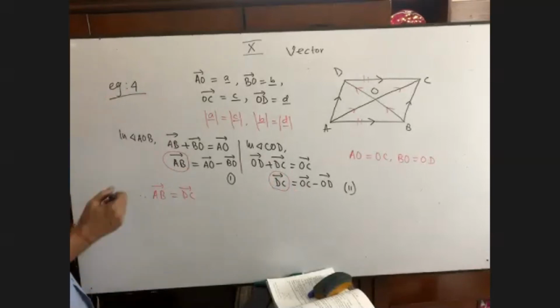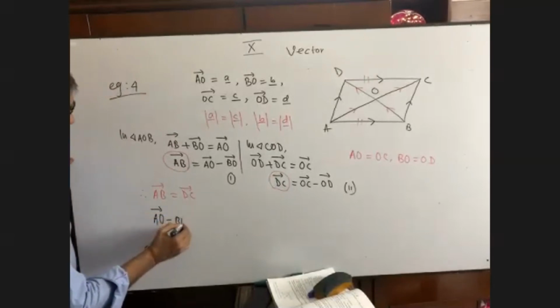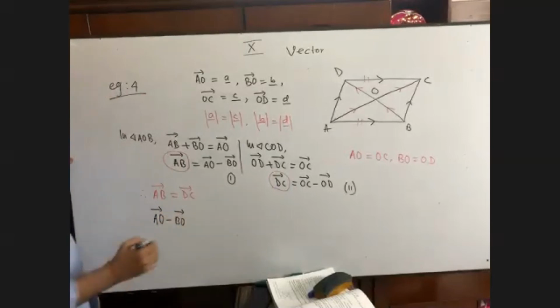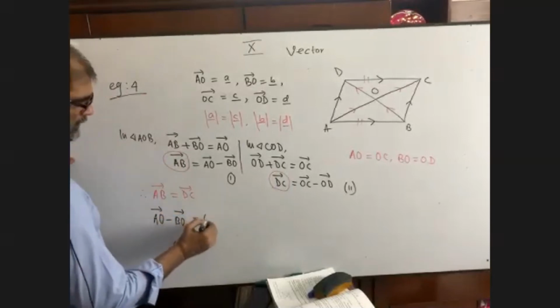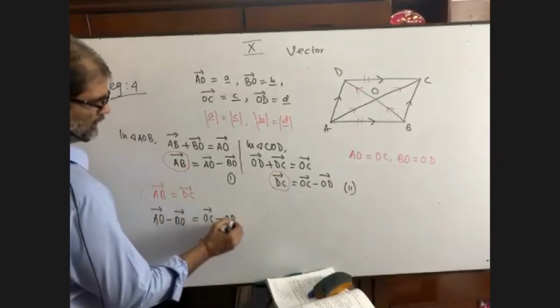AB is given by AO minus BO. What is DC? DC is given by OC minus OD.